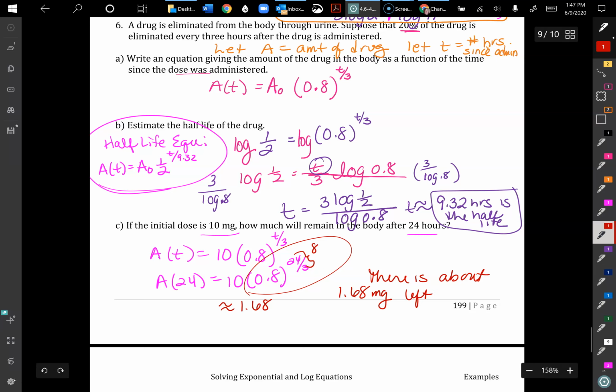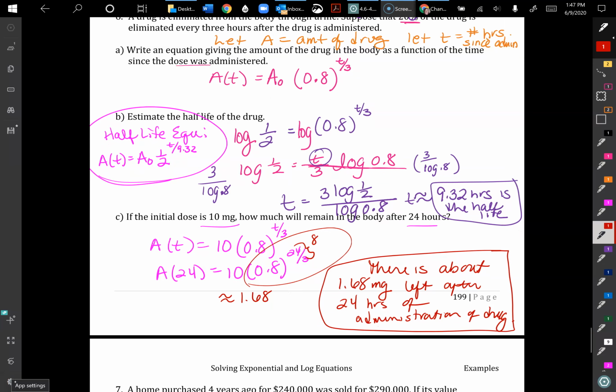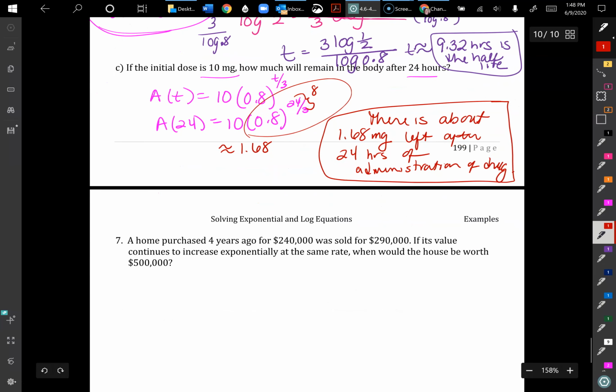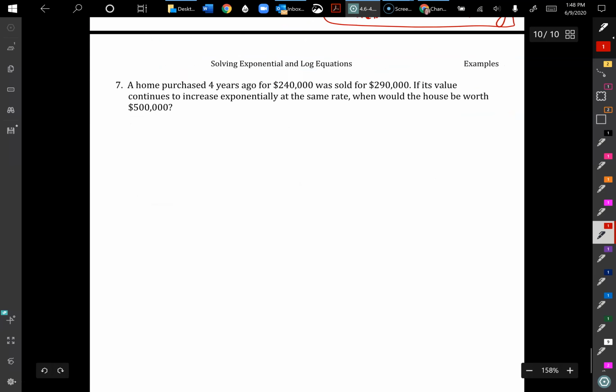Left after 24 hours of administration of medicine. Or drug, I should say. Okay, so that's it for that answer. Make sure you use sentences and units and all that good stuff.